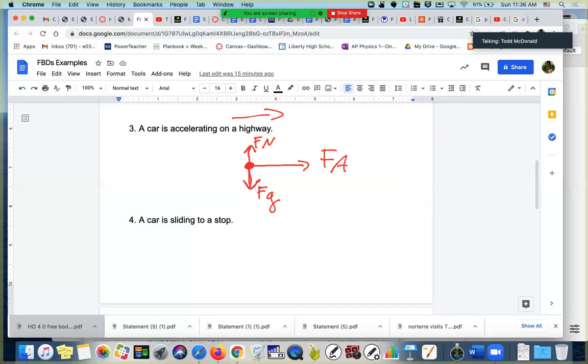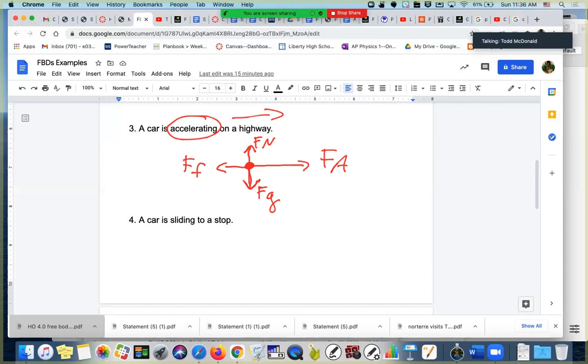Okay. Now, one other thing you want to think about is that as the car is going down the street, there's got to be something that would potentially slow the car down as it moves to the right. Like if the guy took his foot off the gas, the car would slow down, right? So there, we know that there's a force of friction, but importantly, if he's accelerating to the right, that means the force of friction has to be smaller than our applied force to the right.